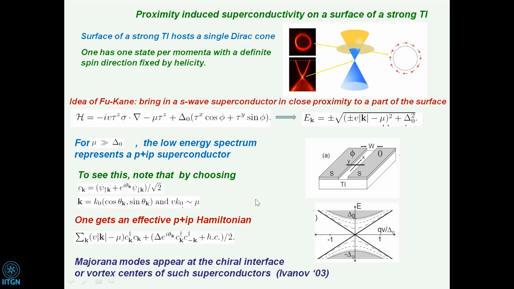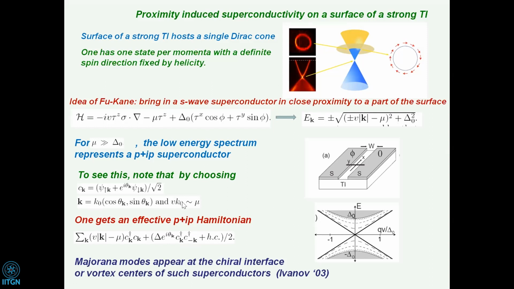It's a time-reversal broken topological superconductor, where there is a pairing amplitude, which is delta e to the power i theta k, where theta k again is tan inverse of the momentum ky over kx.